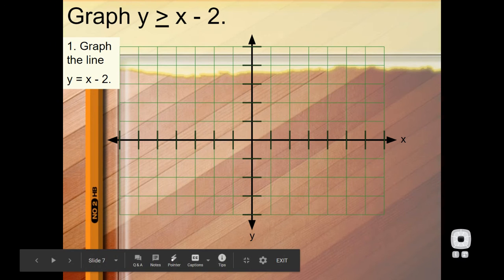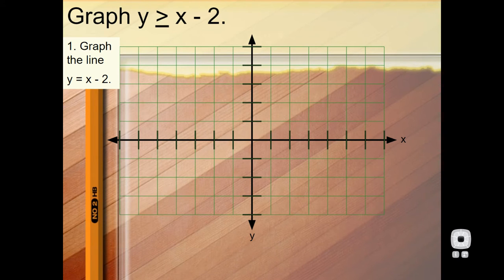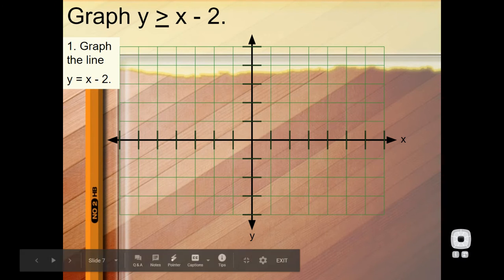So looking at this graph, the first thing I need to do is graph that line of y equals x minus 2. Now, looking at the equation, I know it's going to cross the y-axis at negative 2. 1, 2, right there. And it has a slope of 1, which I could write as 1 over 1.